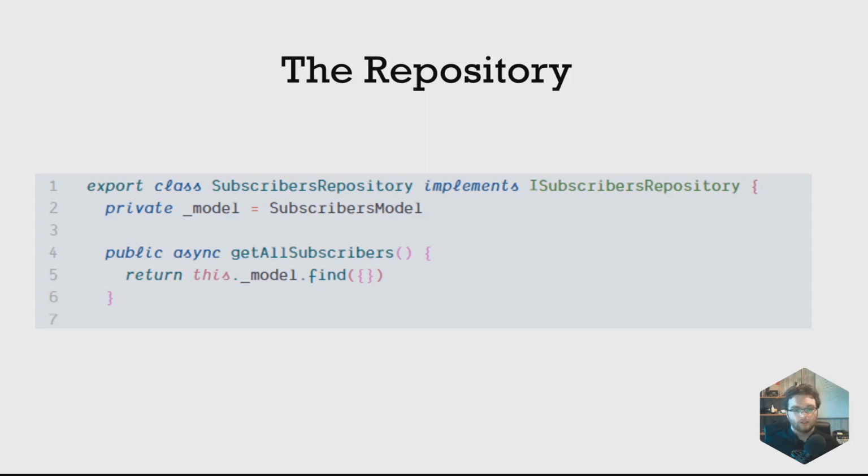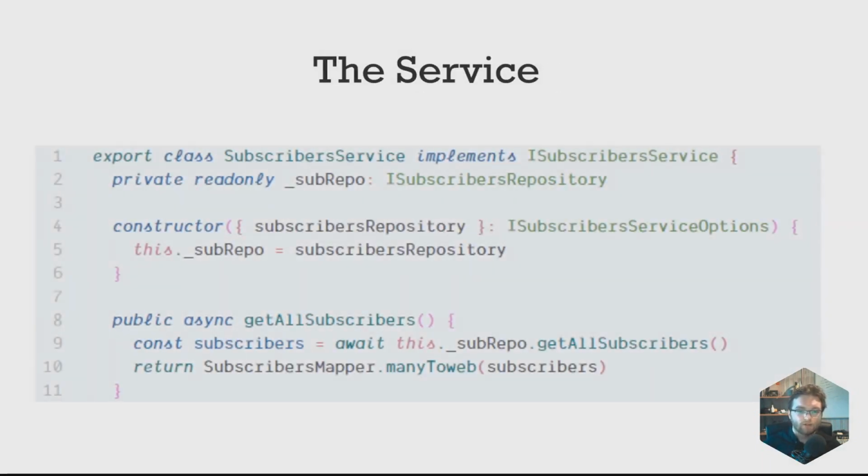So in a nutshell, this repository is an extra abstraction between our service and our database. So you have your service, repository, and database, and it is making sure that we are not doing any direct queries inside our service.